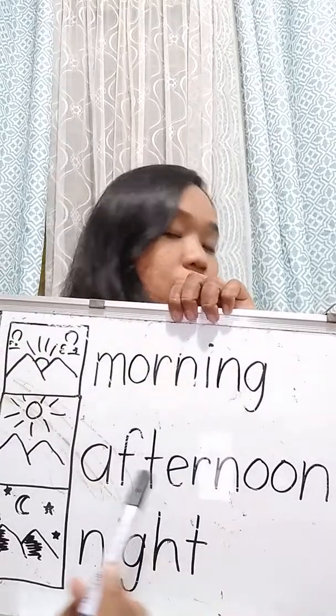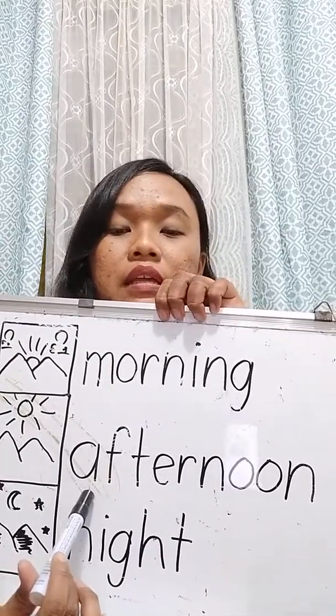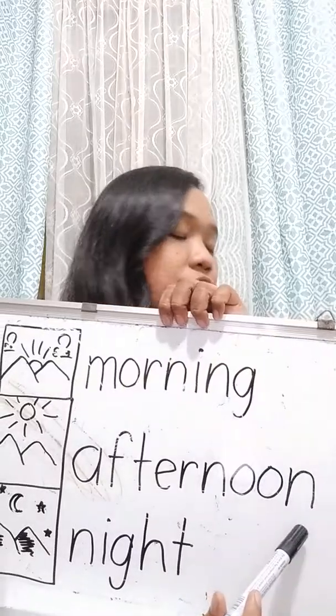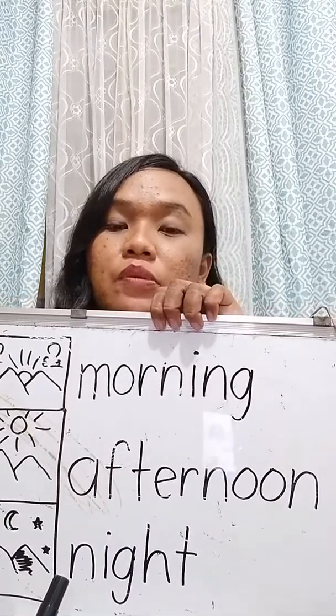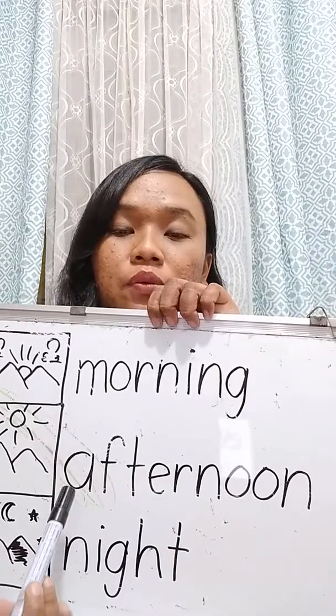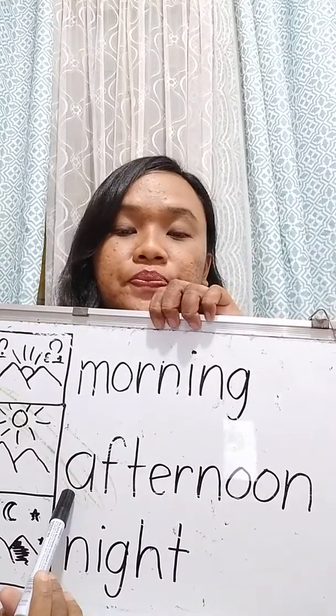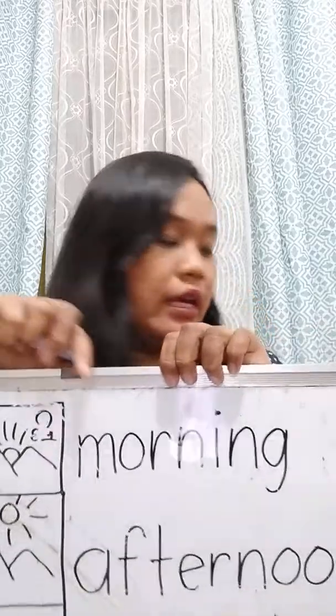Very good. Okay, so you're supposed to copy these letters on the first blank, afternoon. So go ahead and pause the video if you need more time to copy the word afternoon. Okay, but Teacher Meg is gonna go ahead now. So let's go to number 2.